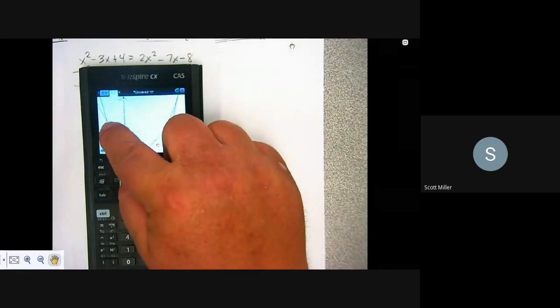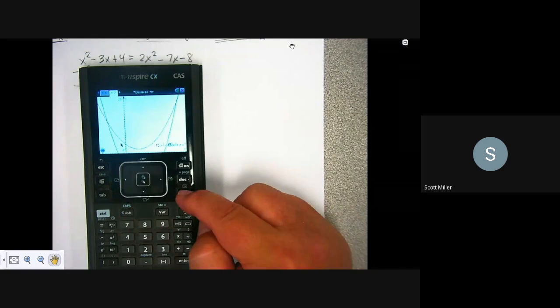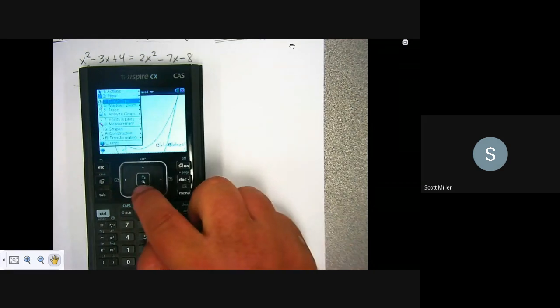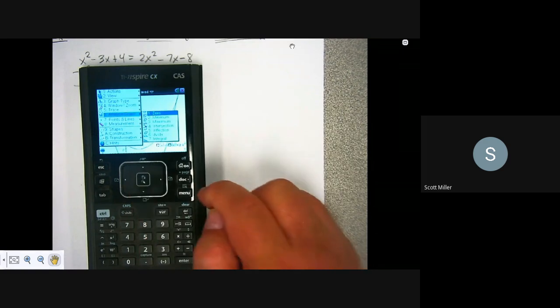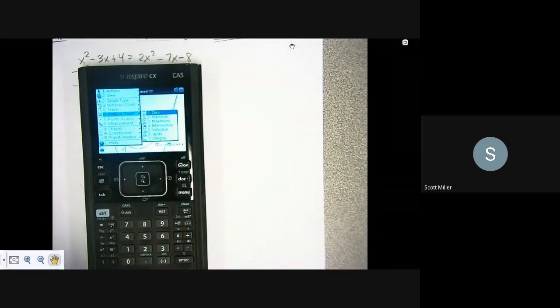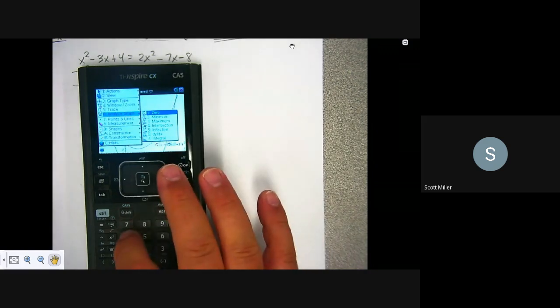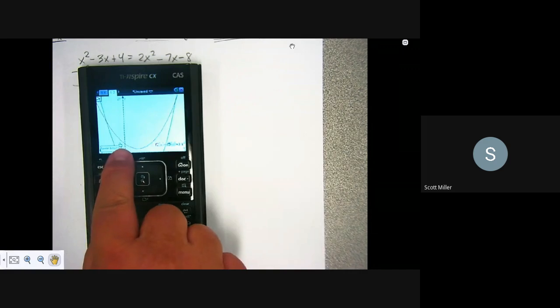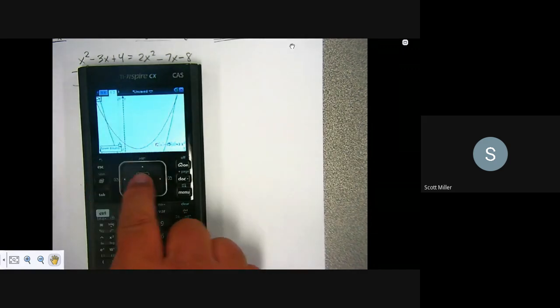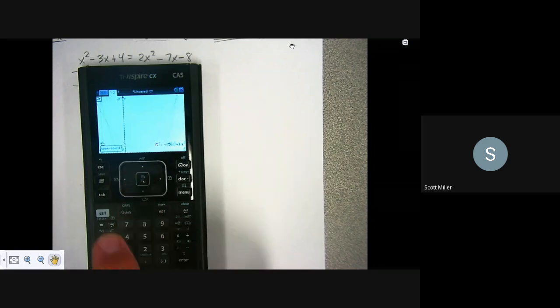So if I want to find that intersection right there, go back to the menu, analyze graph, which is number 6. And now we're going to be doing number 4, which says intersection. The 2 graphs are intersecting, so you're doing an intersection, number 4. And you'll see there's the hand with the dotted line, and it says lower bound. So slide it to the left of where the intersection looks. Hit enter.